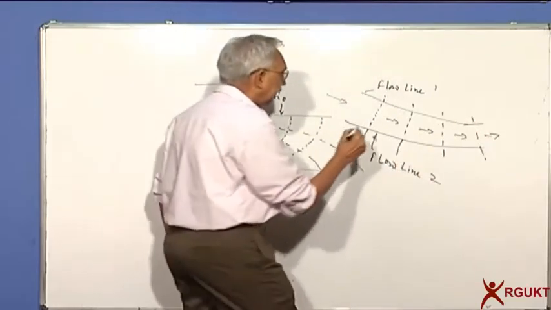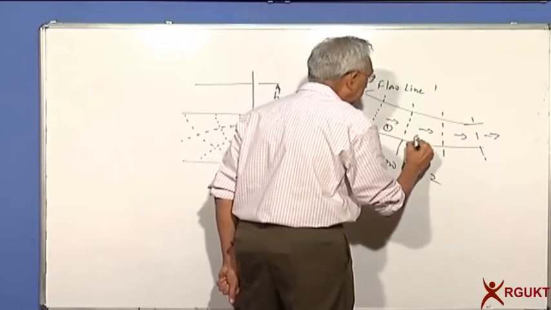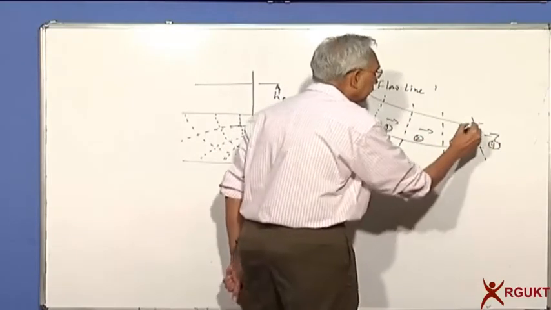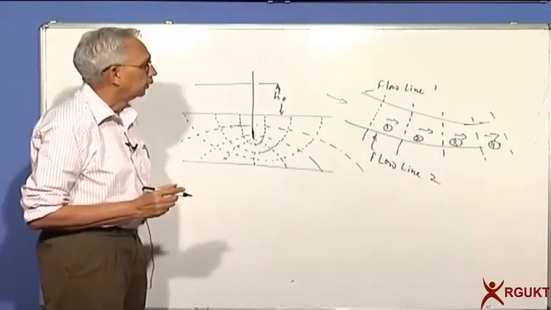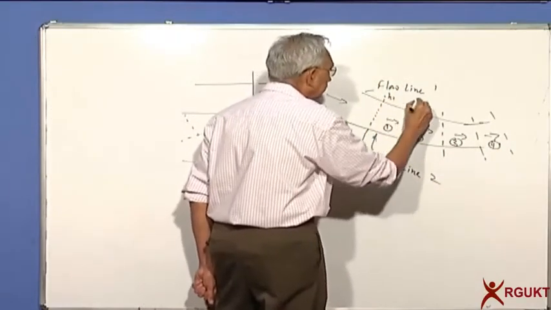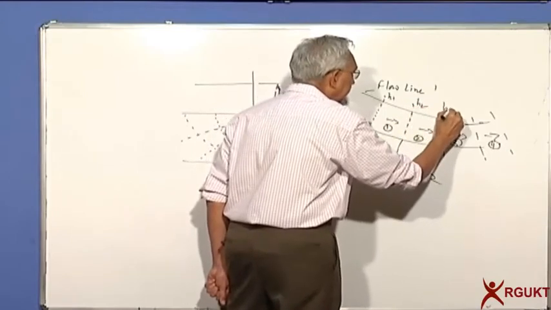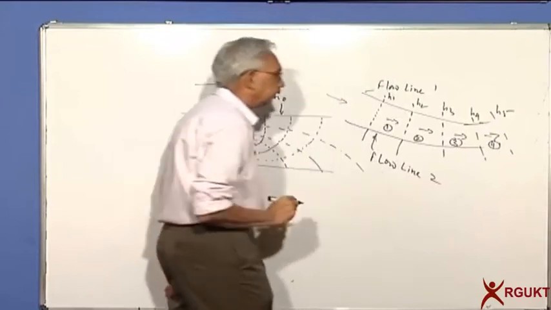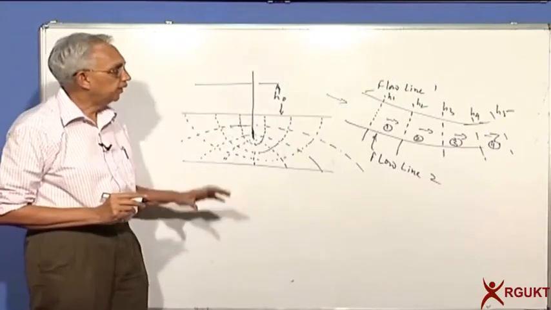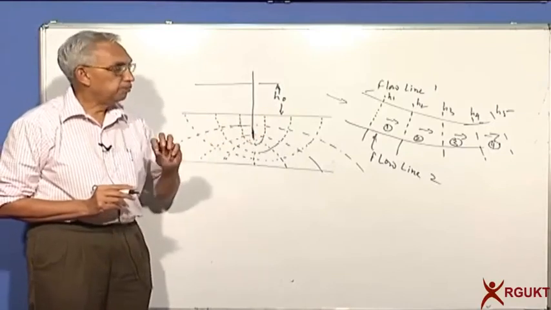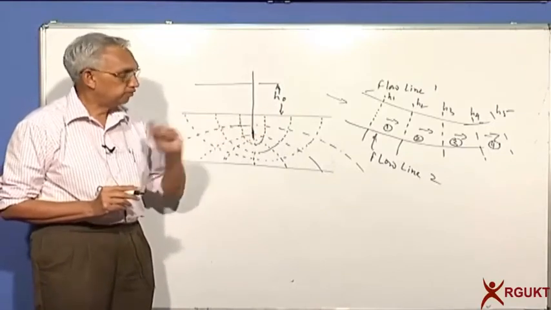Let me call them element 1, 2, 3, 4. Now let's say the heads here are H1, H2, H3, H4, H5, etc. I would like to calculate flow through element 1, flow through element 2, flow through element 3 and 4.